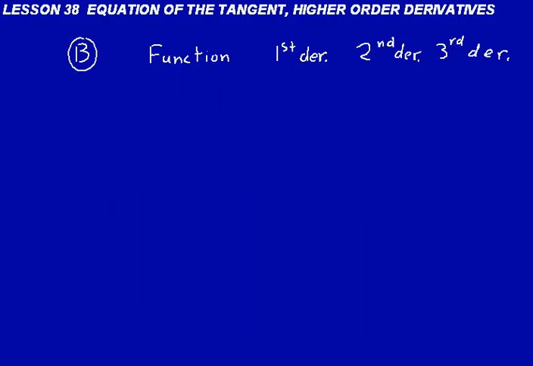Part B of this lesson is on higher order derivatives, and all that means is taking a second derivative, a third derivative, and so on. For example, if we had a function f of x, the first derivative we could write as d f of x over dx.